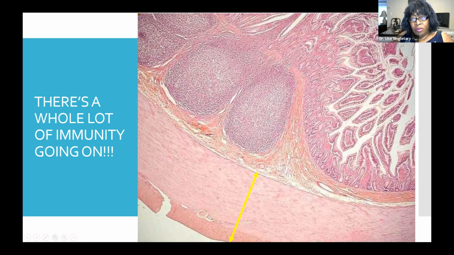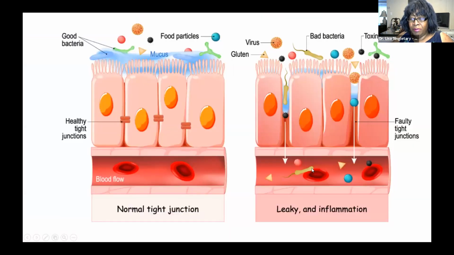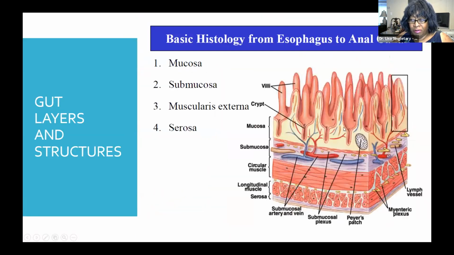But what I want to show you, compared to this picture, is this Peyer's patch. Each little dot on this Peyer's patch is a cluster of immune cells just waiting to be triggered. And we love that, right? That's not our front line of defense, but that is a huge line of defense right in our intestines.